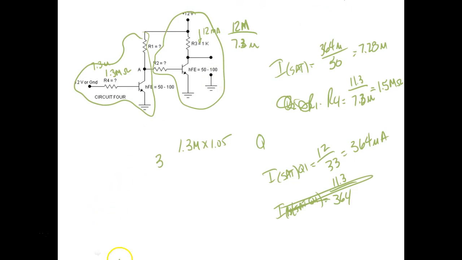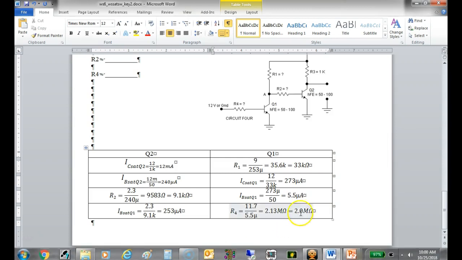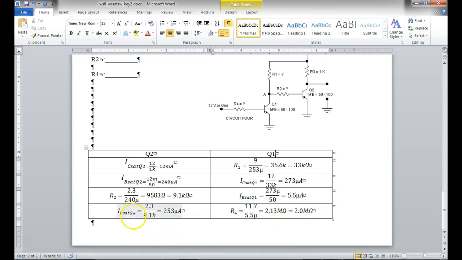So while I have this open, y'all help me out, guys. Let's go back and make our corrections. This down here is supposed to be Q2. And then IC sat Q1, what's it supposed to be?